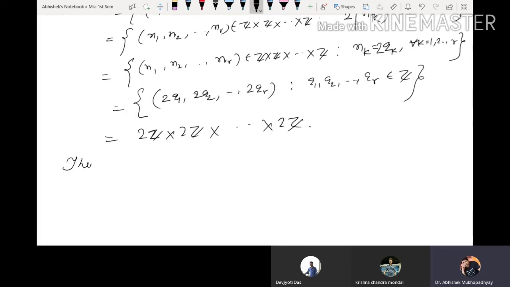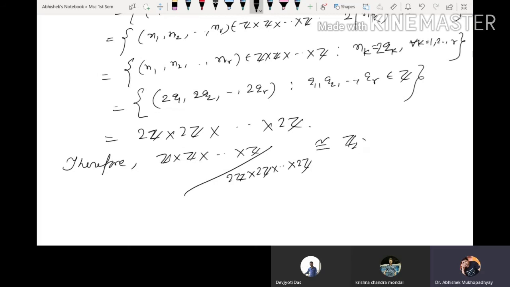So therefore Z cross Z up to r factors quotient by 2Z cross 2Z cross ... 2Z up to r factors is isomorphic to Z2 cross Z2 cross ... Z2 up to r factors.